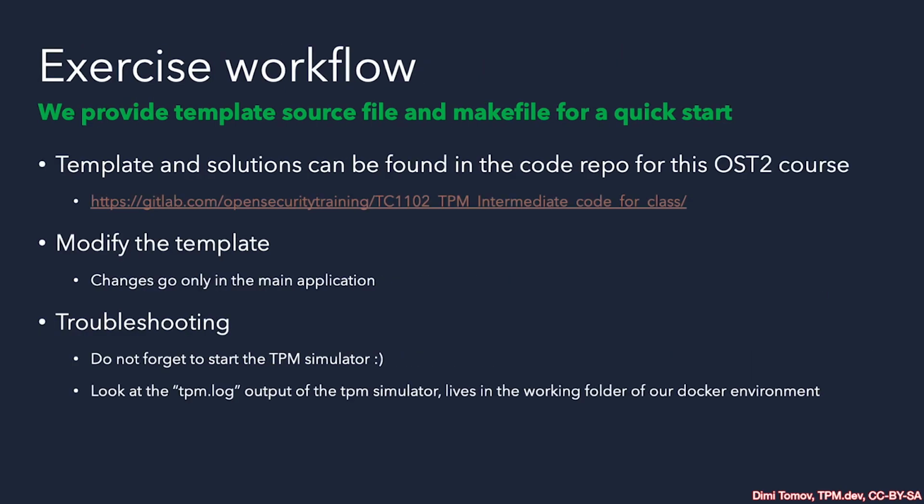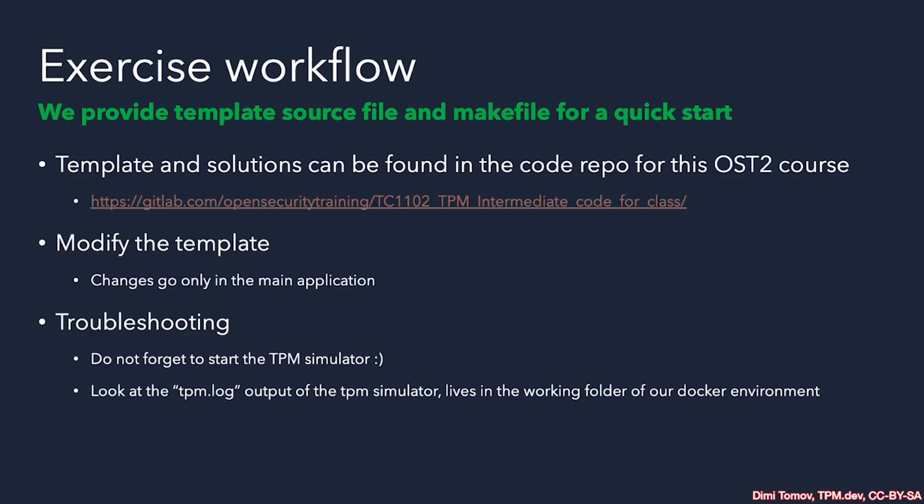Now, as this is the first lecture where you have labs to perform that you can see as an exercise to check what we've talked about, check what you learned. In this case, there is just a very straightforward lab where you'll be asked to download the template, the eSAPI template that we provide for you in our GitLab repo with all the code from this course and solutions.